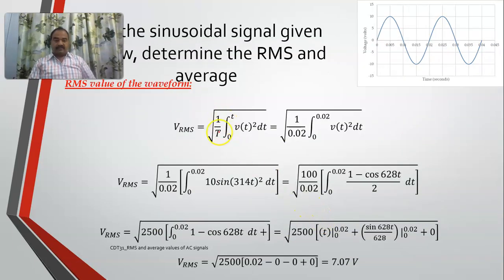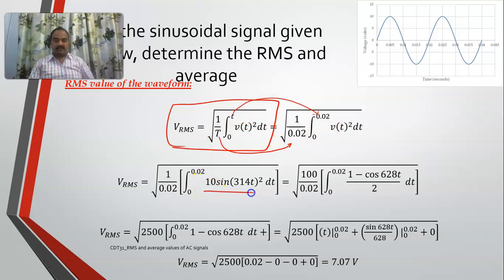Now coming to the RMS value of the waveform. You know the RMS equation, where T is 0.02 and the conduction time is 0 to 0.02. I'm substituting the value of V of t, but I should square it, right? So when I square, I get 10 square, which is 100, outside.